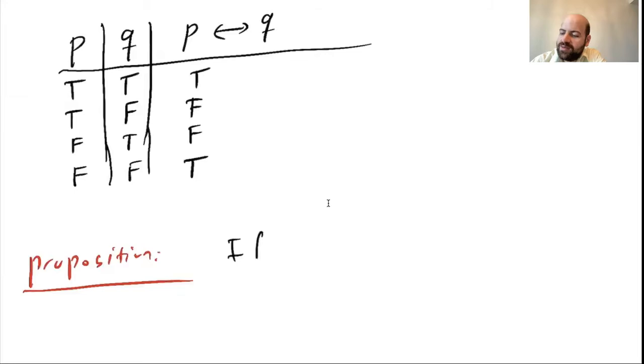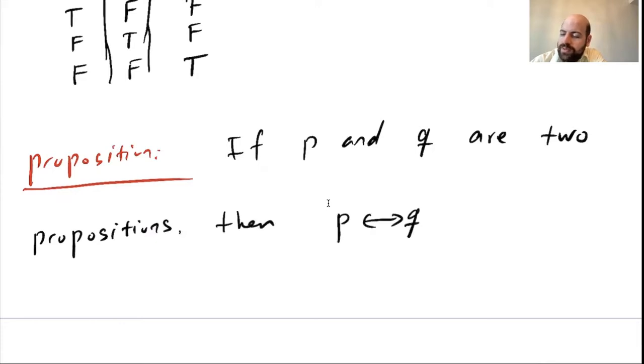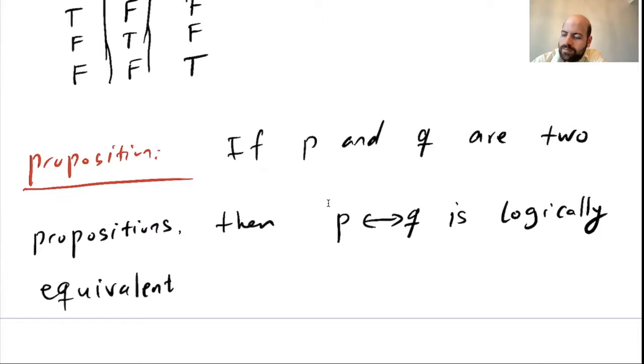If P and Q are two propositions, then P if and only if Q is logically equivalent with P implies Q and Q implies P.